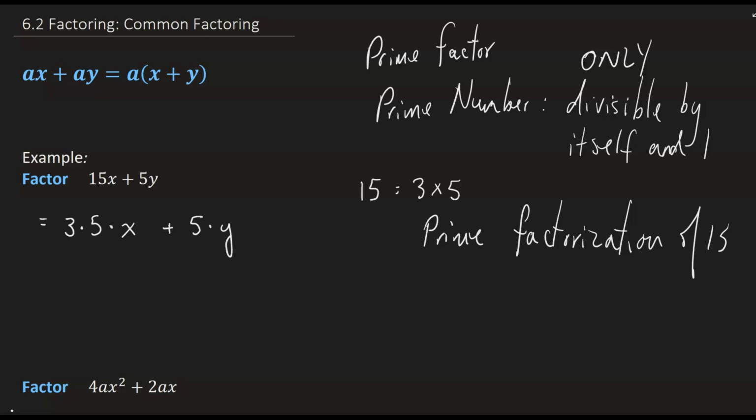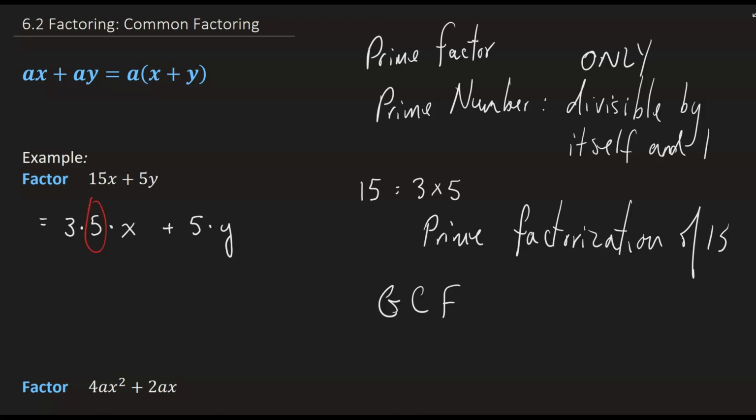Now, in order to find the greatest common factor, I want to look at each of my prime factorizations and find the highest power of each of the prime factors that are in common. So 3 is only in this first term. It is not over here. So 3 is not a common factor.